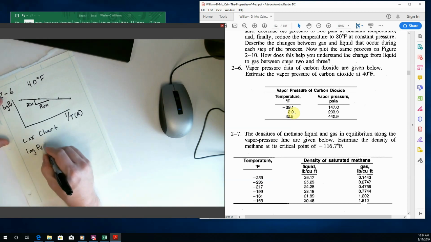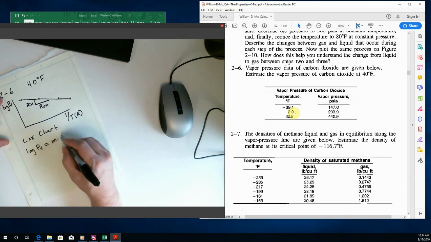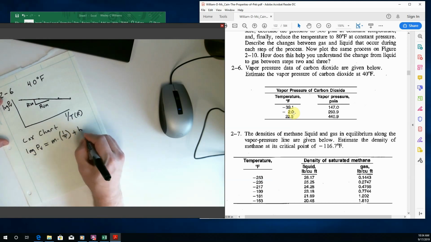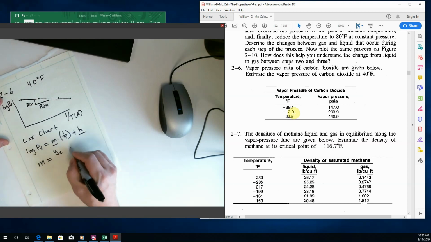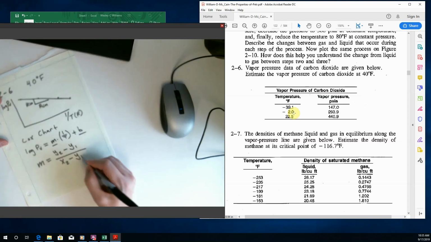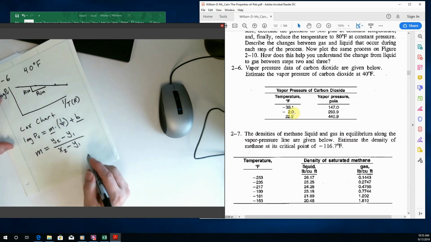log PV equals some slope times 1 over T plus B. So we need to solve for this M and B. M, if you remember, is going to be the rise over run, and then we can solve for B the same way.